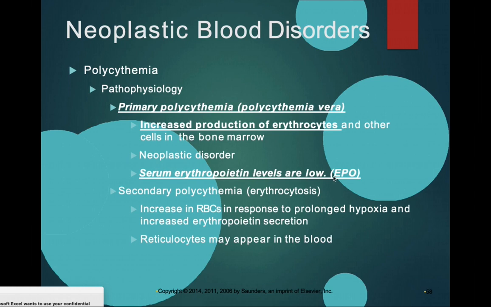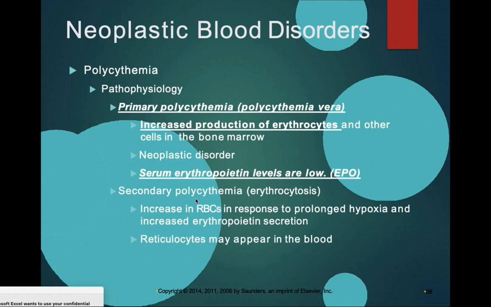You would think that if EPO is high, then we're going to see an increase in red blood cell production. So here, with primary polycythemia, the increased production of the red blood cells are high, but what's supposed to stimulate it, which is erythropoietin that comes from the kidneys, those levels are low.